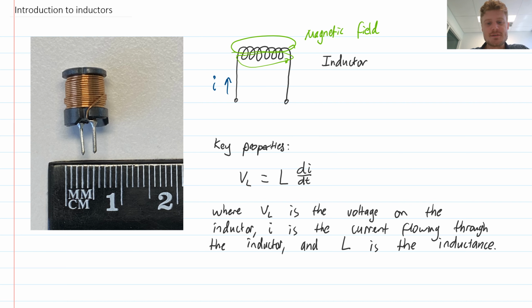The circuit symbol is a little bit like a coil. We draw a little spiral, and that is our circuit symbol. You'll also sometimes see it drawn with little loops like that.